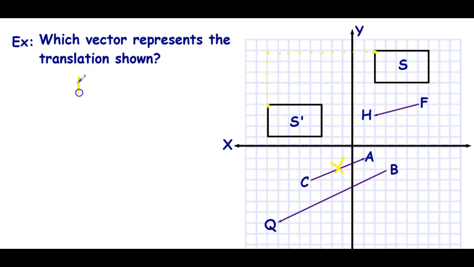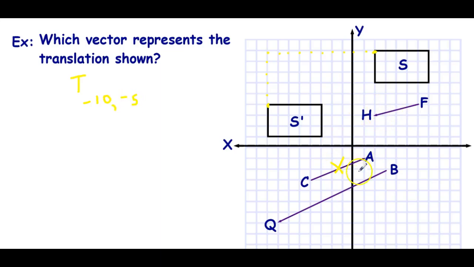If I represent that just for now in transformation notation, that was 10 to the left and 5 down, so that would be a negative 10, and 1, 2, 3, 4, 5 down, negative 5.